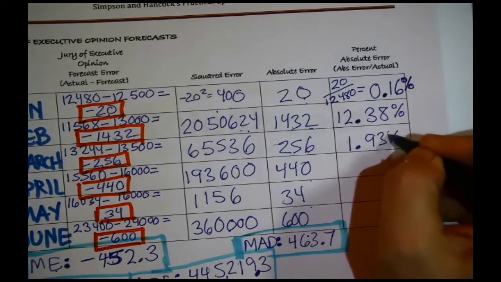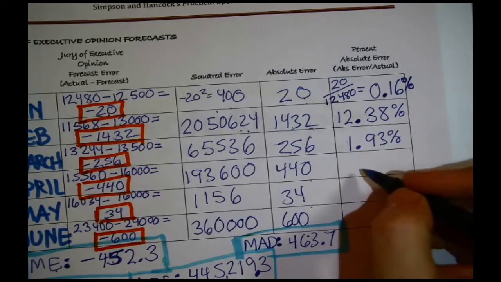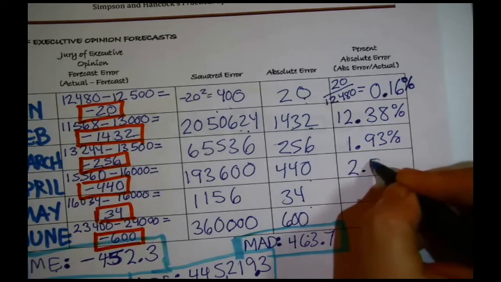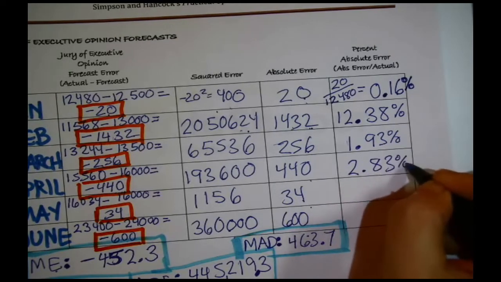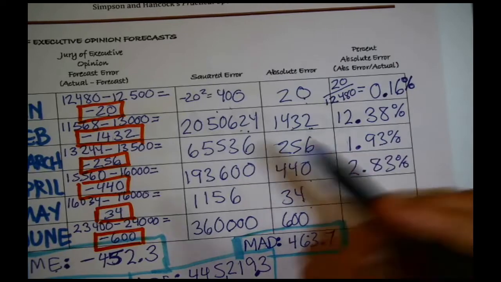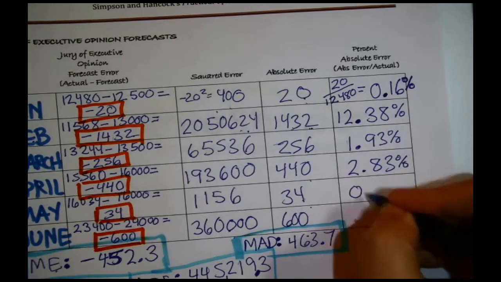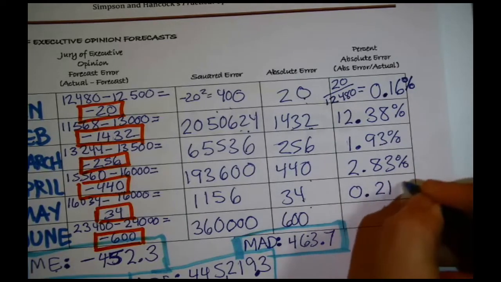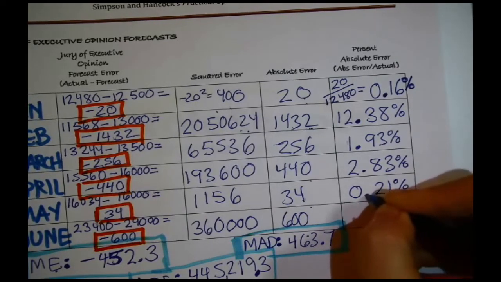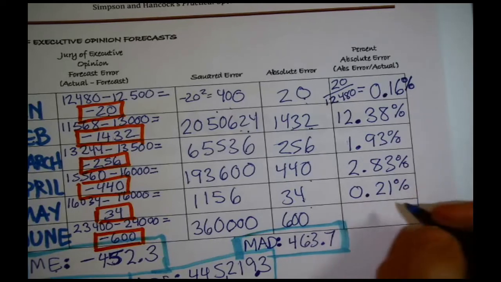In March, 256 divided by the actual 13,244, I get 1.93%. And then in April, 2.83%. And then in May, 34 divided by 16,034 is a really small number. It is an error of only 0.21%, another tiny fraction of a percent.